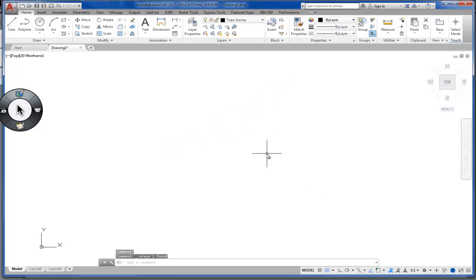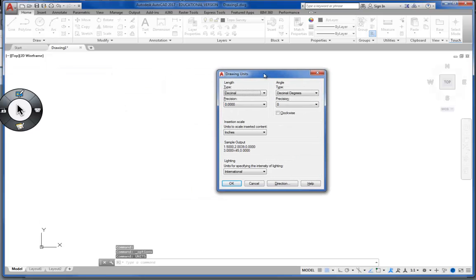So, in order to get AutoCAD to change, you've got to come into Options. Actually, let me do it this way. I think I can still do it this way. If I go into Units, and I say decimal degrees, except I want to go clockwise with my rotation.